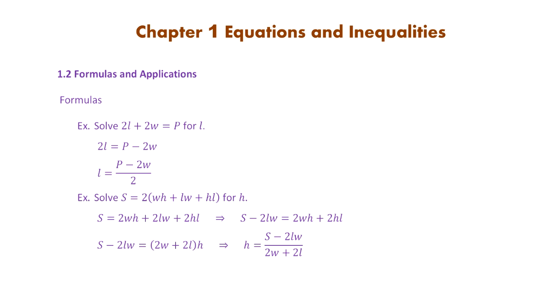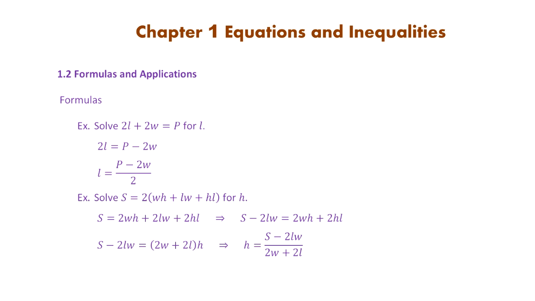Yes, we're trying to solve equations for variables, or formulas. In these types of equations, you have several variables, and you want to solve for one variable in terms of the other variables.